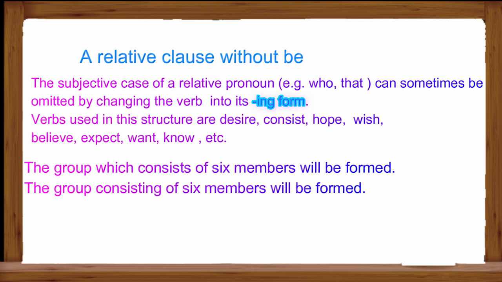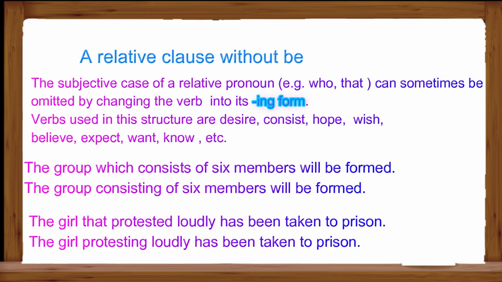This is the same as the group consisting of 6 members will be formed. Example 2. The girl that protested loudly has been taken to prison. This is the same as the girl protesting loudly has been taken to prison.